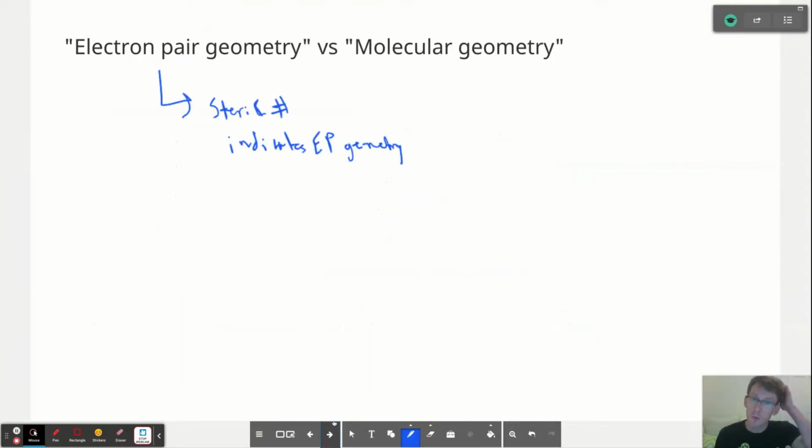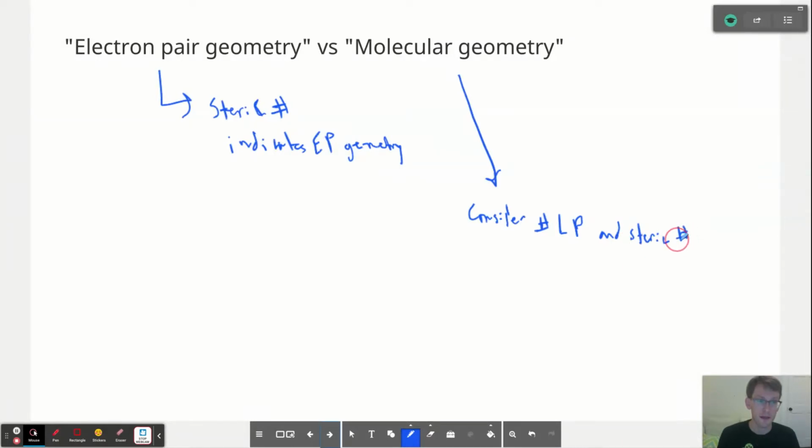But if we're looking at the molecular geometry, then we have to consider the number of bonds or bonded atoms and the number of electron pairs, like lone pairs, I should say. So consider numbers of lone pairs and the steric number.